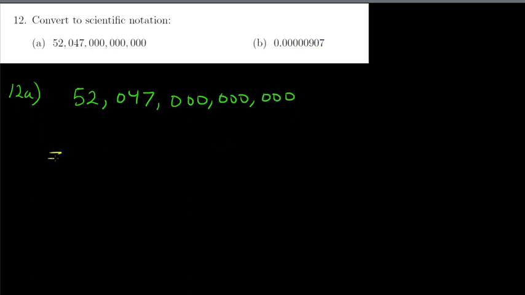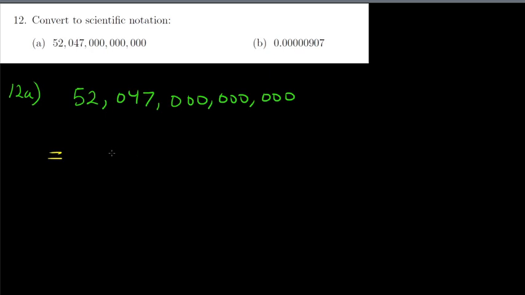Okay, so convert to scientific notation, right? So it's 12a. And I'm just going to copy down the number here. This is, let's see, 52 trillion, 47 billion. I think that's right. So what would that number look like in scientific notation, right?